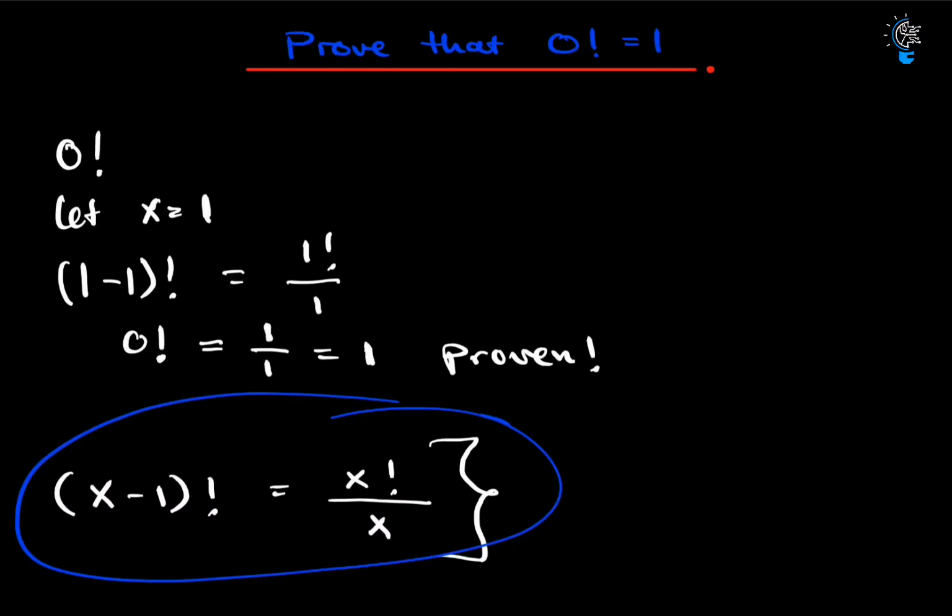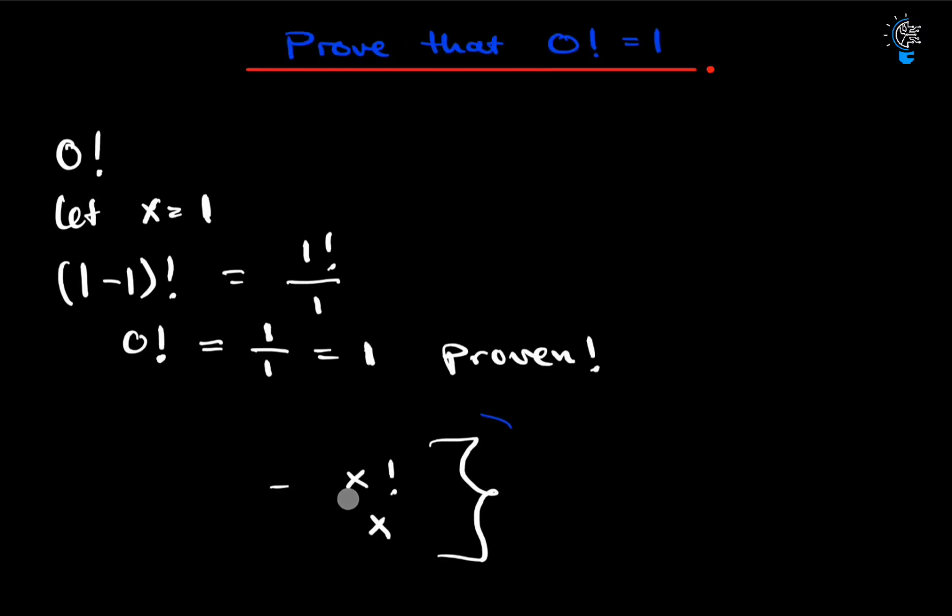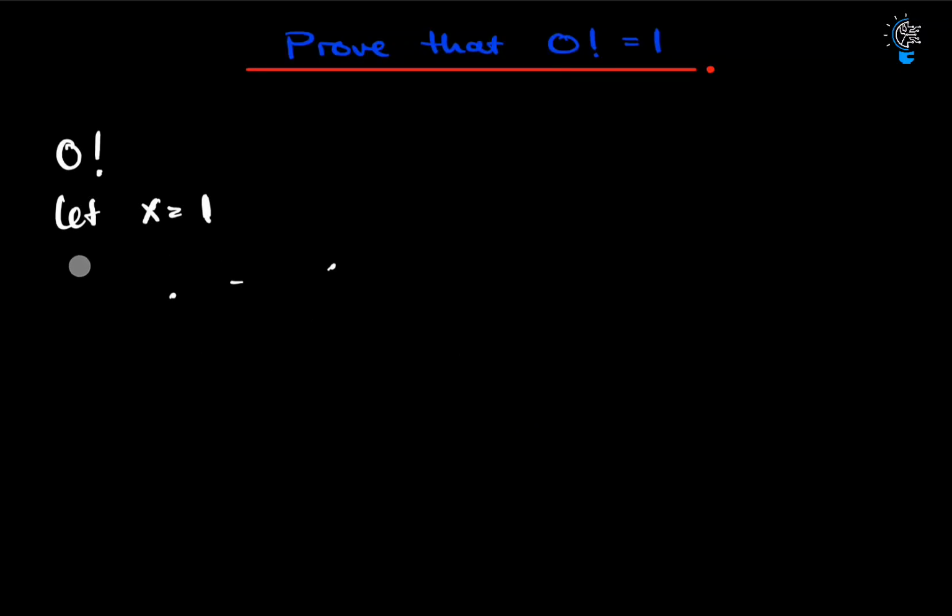The other way you can do this is by studying the pattern. Let's use the pattern approach and see the results. You can also study the pattern of factorials to see the result of 0 factorial.